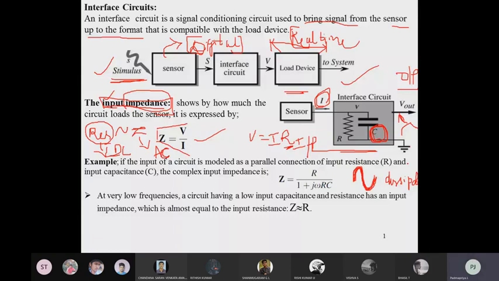Now for the case of a current source, if you want to measure the value of current by providing the current as a source, then obviously it has to be connected in parallel with the output impedance value. These are the two things you have to do while constructing the interface circuit as well as while measuring the information.